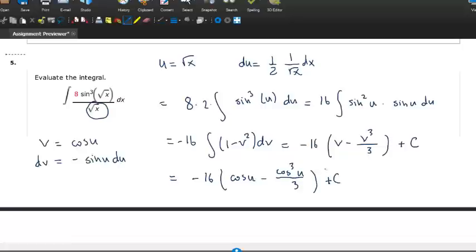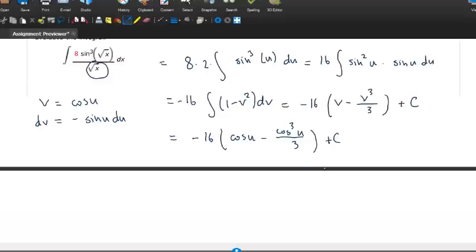And this is not yet the final answer because I have to go and resubstitute for the first substitution and write u in terms of x, and in this case the final answer will look like this, negative 16. Remember, u was square root of x, so I get cosine square root of x minus cosine cube square root of x divided by 3 plus arbitrary constant c. Right? So this is the final answer for this problem.